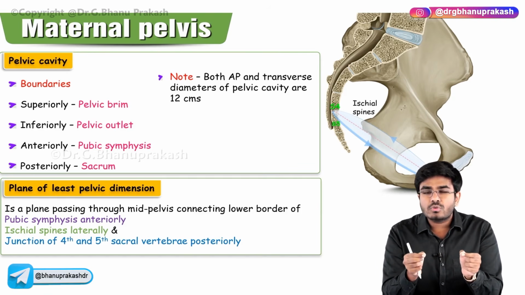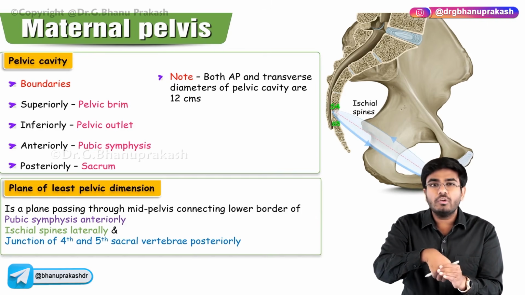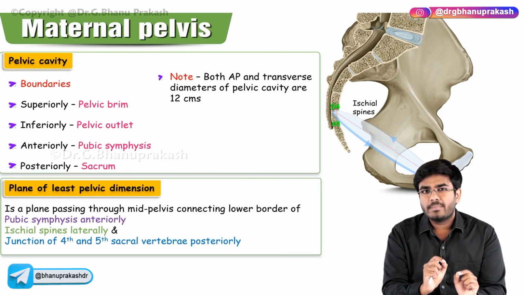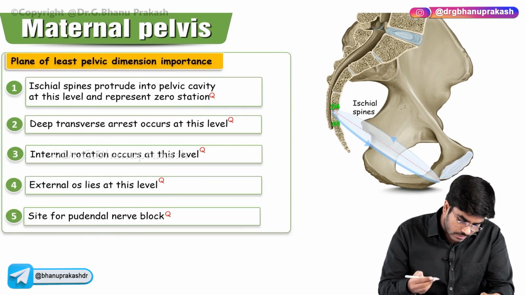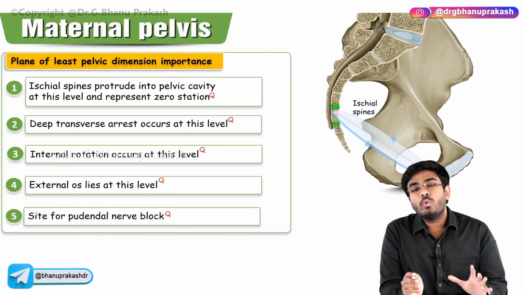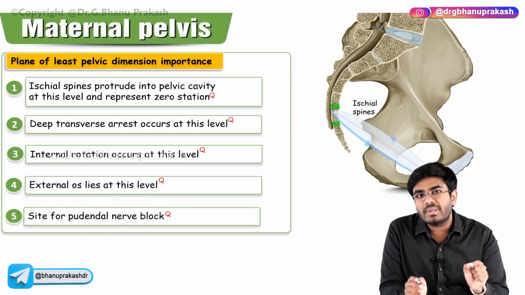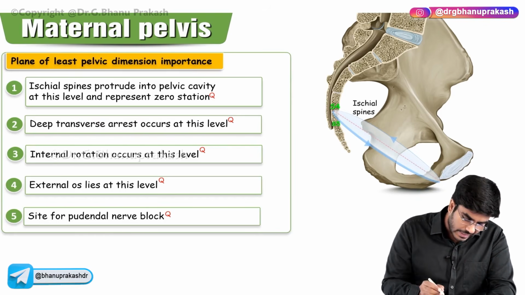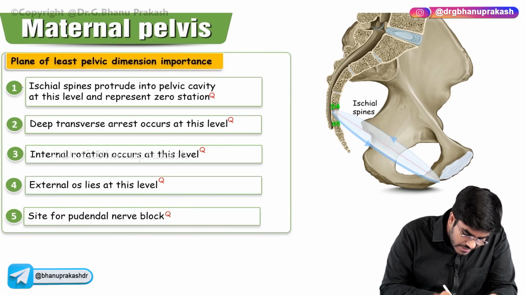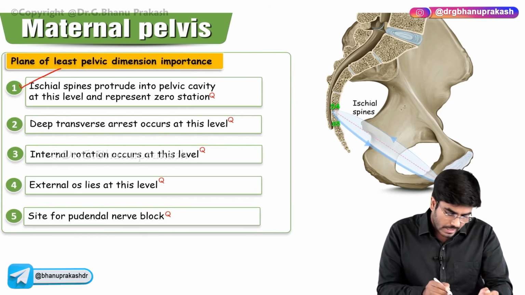Because the diameters are so much less in this area, the baby is trying to maneuver through this narrow area. That is known as internal rotation. See guys, in this slide I am showing you all the important events happening in the plane of least pelvic dimension. This is the area where the ischial spines protrude into the cavity and make it narrower.